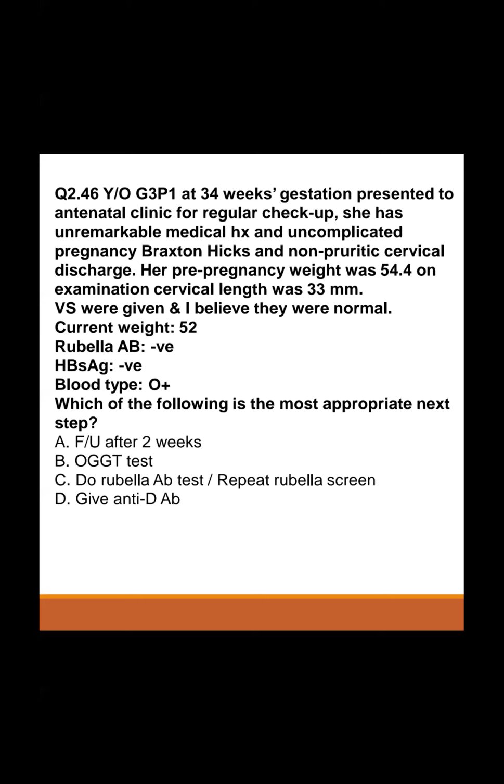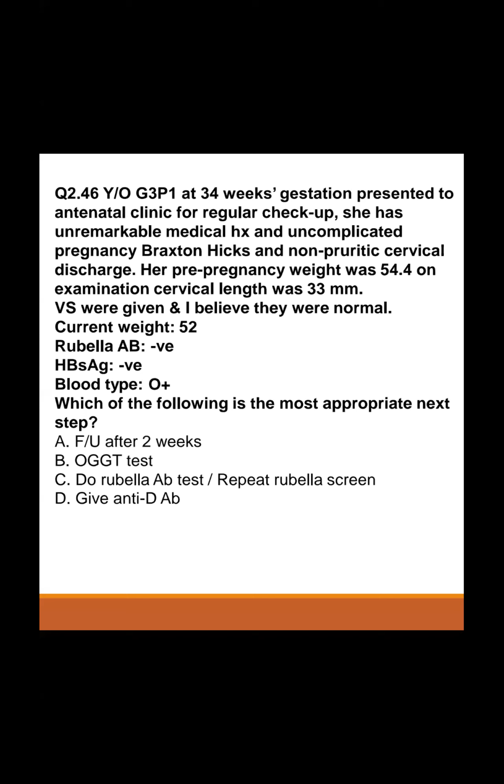Vitals were given and I believe normal, current weight 52. Rubella antibody negative, HBsAg negative, blood type O positive. Which of the following is the most appropriate next step? A. Follow-up after 2 weeks. B. OGTT test. C. Repeat rubella antibody screen. D. Give anti-D.